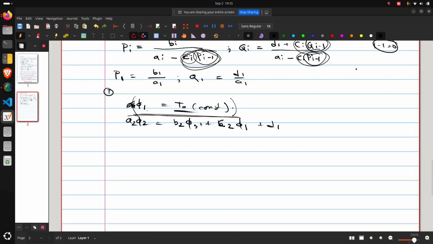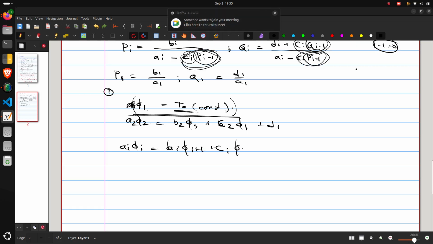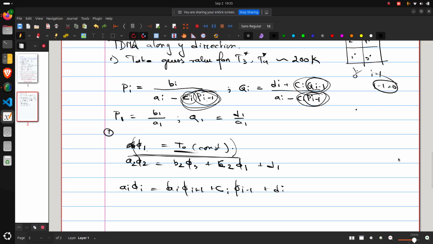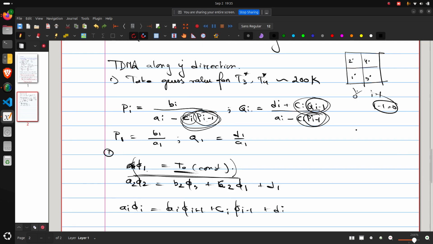If we write it something like this, Ai phi i is equal to Bi phi i plus 1 plus Ci phi i minus 1 plus Di, then you will see that for the case where we have a boundary, for example this is the i, we will not have any i minus 1 value.